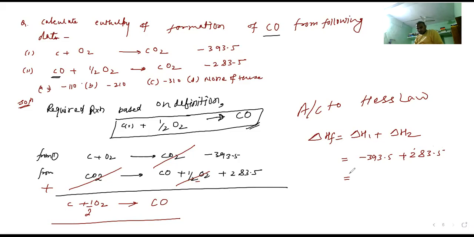It is coming minus 110 kilojoule per mole, because all the values are given in kilojoule per mole. Why per mole? Because only 1 mole of product is forming. So the correct option is option B.